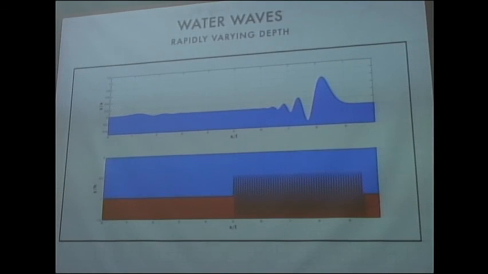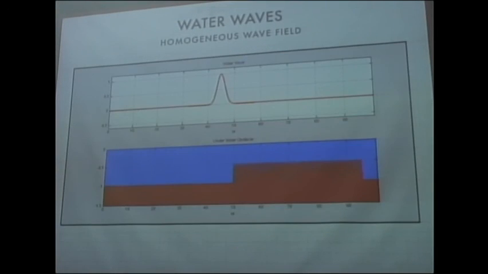And of course, the interesting question is, the wave feels it is on a flat bottom, but what is the right depth that the wave feels? We can guess many things.